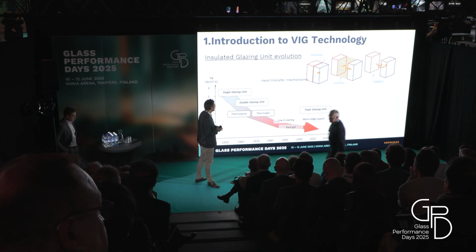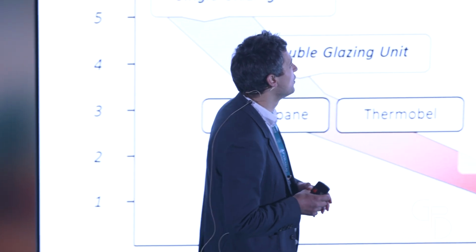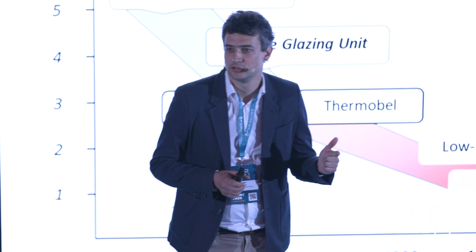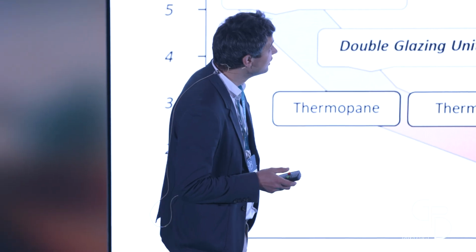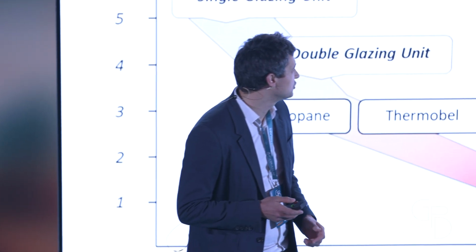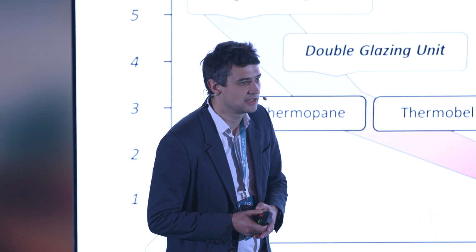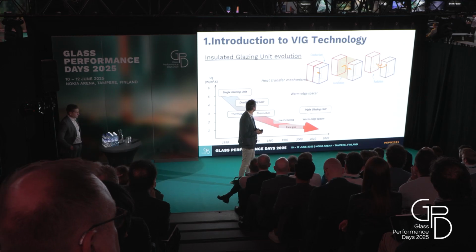So let's play on the 3 different mechanisms for heat transfer, which are conduction, convection, and radiation. Regarding the conduction, let's play on the spacer, and specifically on the warm edge spacer, to diminish drastically the thermal bridge effect.